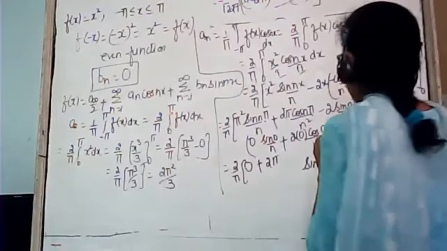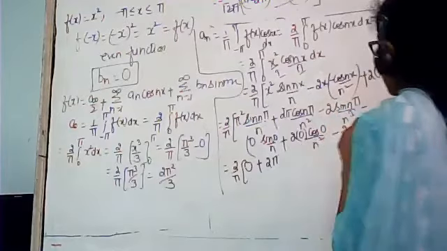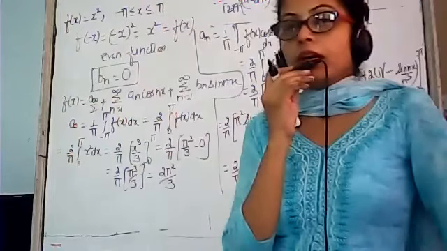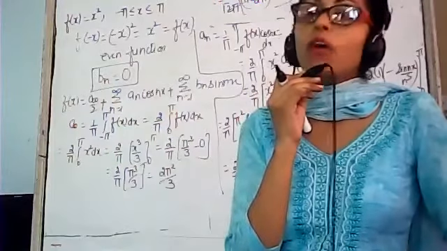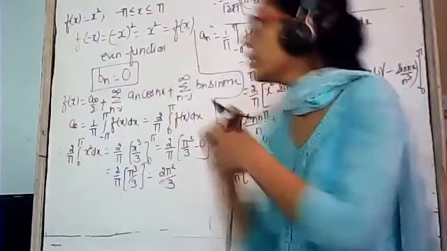Now what will be the value of cos n pi? 1? Minus 1? Look, it is neither just 1 nor just minus 1. It will be alternating. At the even multiples it will be plus 1 and at the odd multiples it will be minus 1. Okay. So we can write it as minus 1 raised to the power n upon n square.